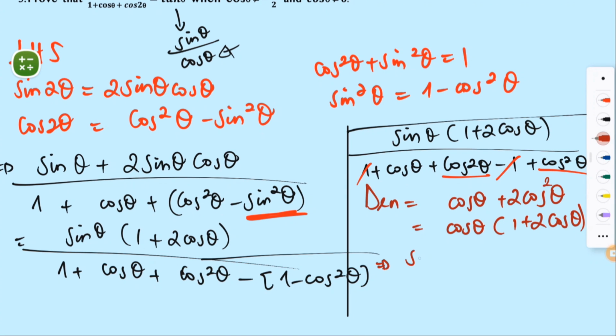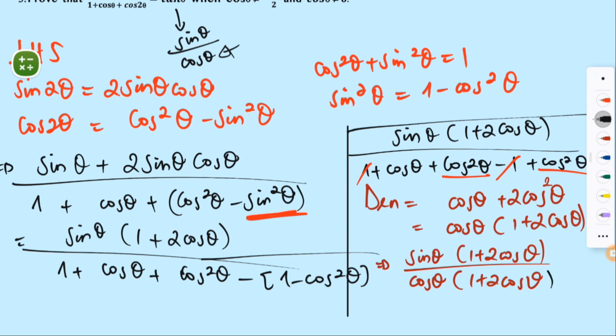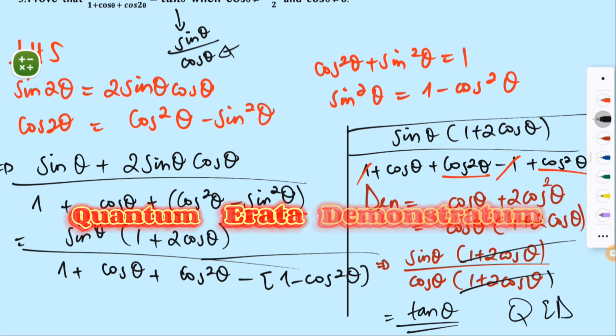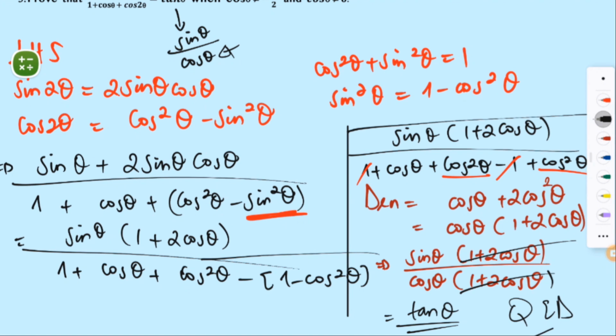So that would be sine theta into 1 plus 2 cos theta over cos theta into 1 plus 2 cos theta. And this just cancels out nice and easy. And we have sine theta over cos theta, which is tan of theta. Quod erat demonstrandum, just as required.